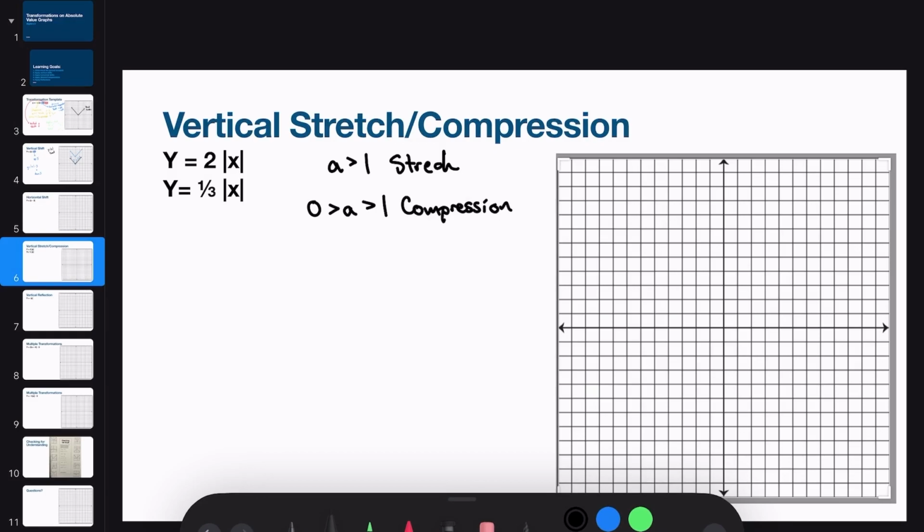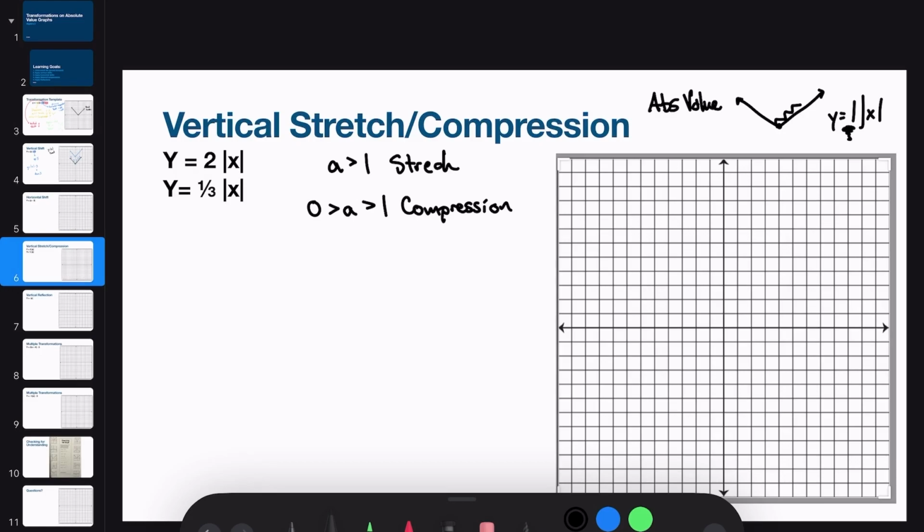The nice thing about absolute values is your parent function has a slope of 1, 1, 1, and y is equal to 1 absolute value of x. So this value can be taken as the new slope of this absolute value.